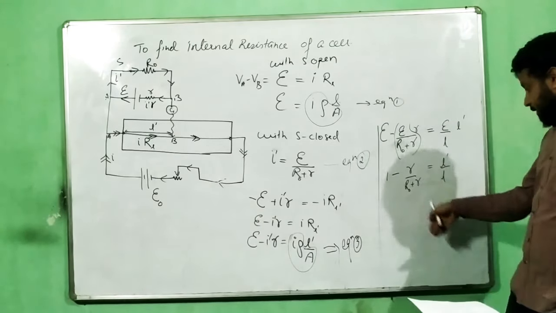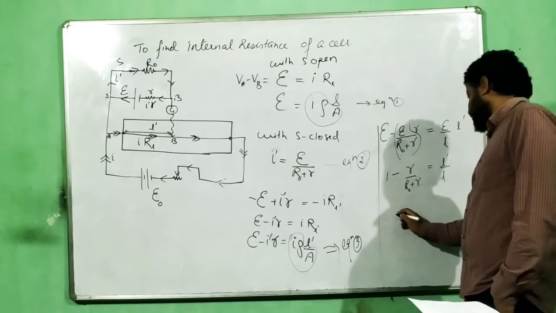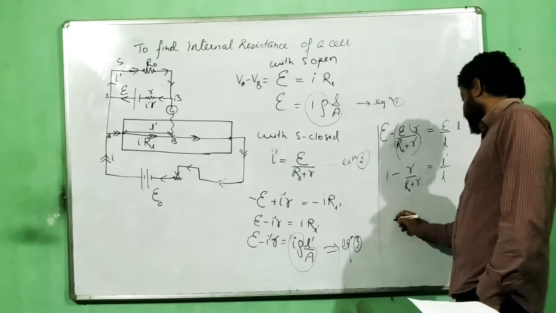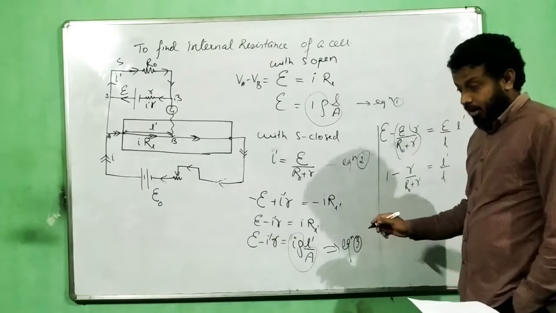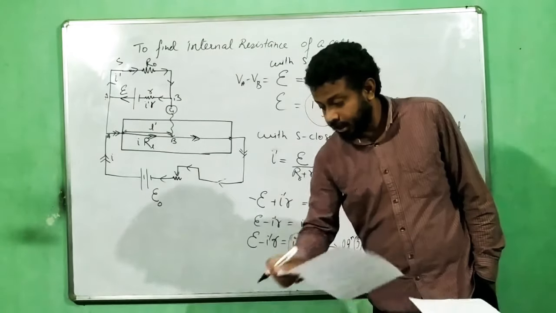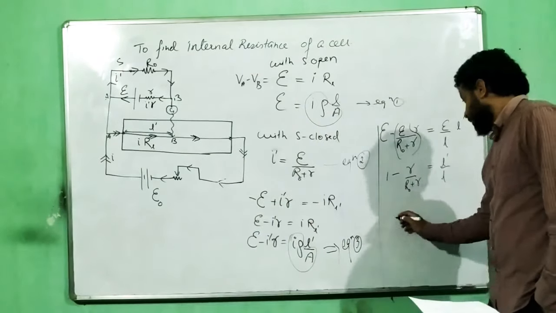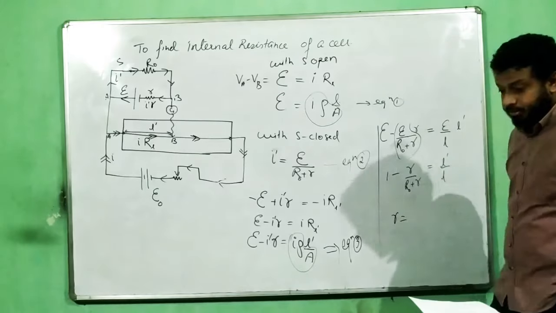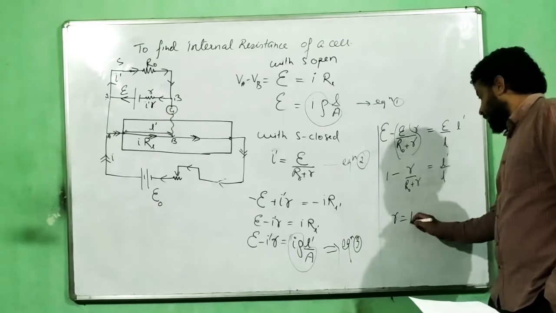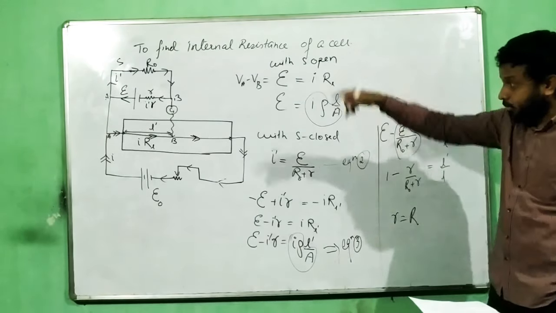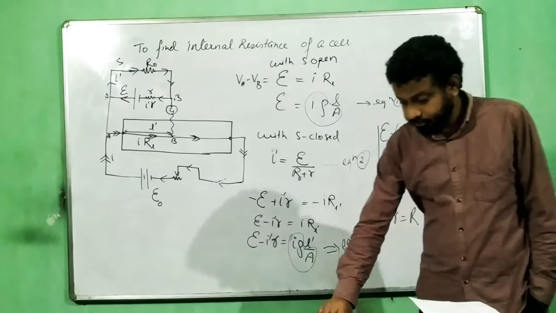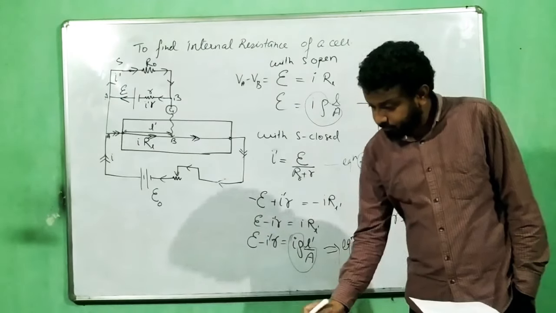And then if I continue this and solve it from here onwards, I will get the value of internal resistance, small r.